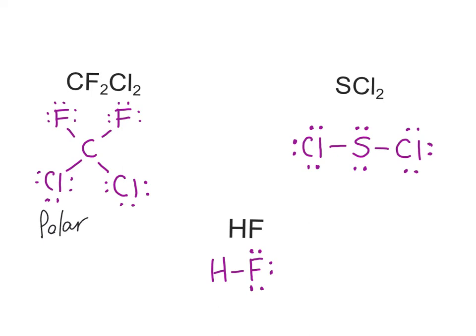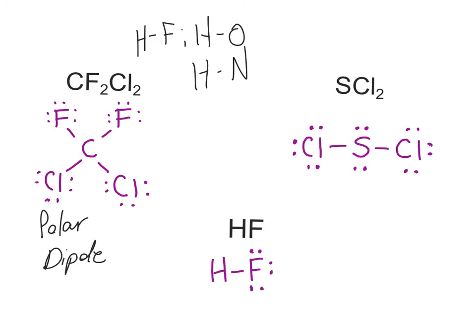Now, it can either be dipole-dipole or hydrogen bond. You have to determine which one it is. Well, remember, if it's hydrogen bond, I have to have one of those HF, HO, or HN bonds. And when I look at CF2Cl2, there's no H's in there. So there's no way it can be hydrogen bond, which means process of elimination tells me that it's going to be dipole-dipole.